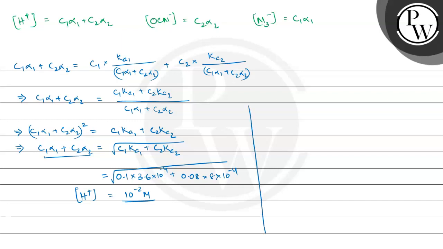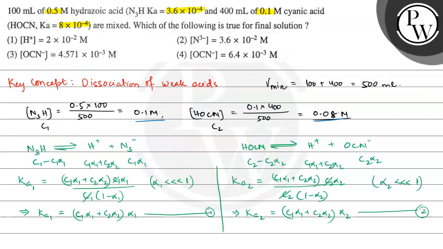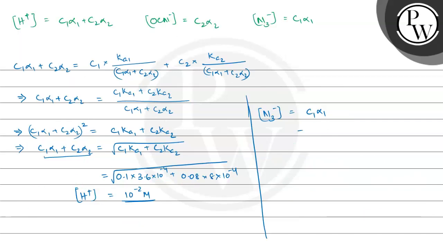Alright, now let us determine the values of OCN minus and N3 minus. So for N3 minus we have C1 alpha 1, and if we put the value of alpha 1 from equation 1, then this will be C1 multiplied by Ka1 divided by C1 alpha 1 plus C2 alpha 2.